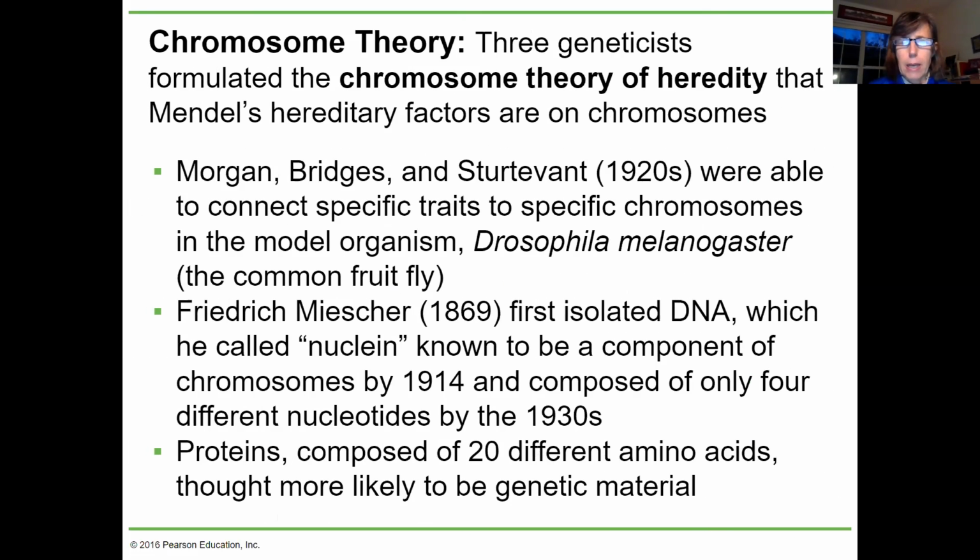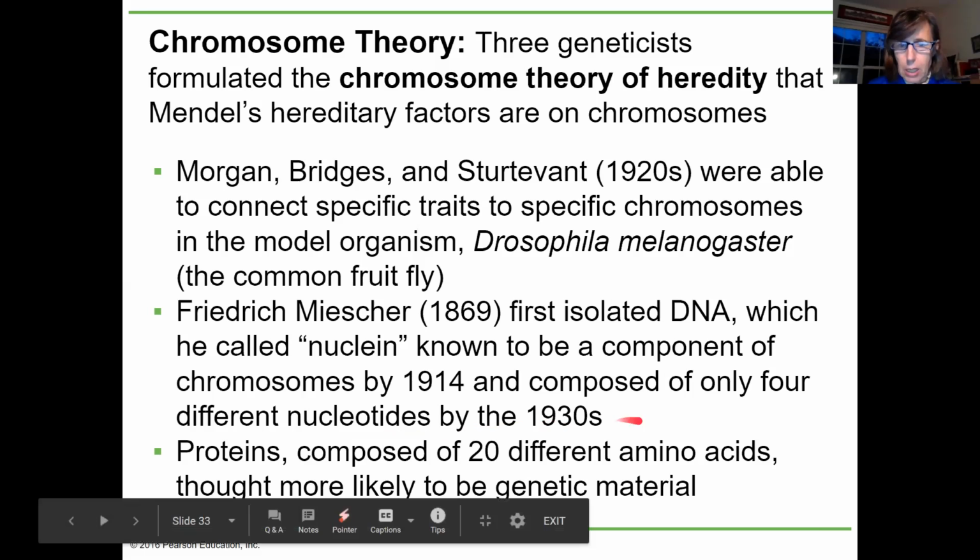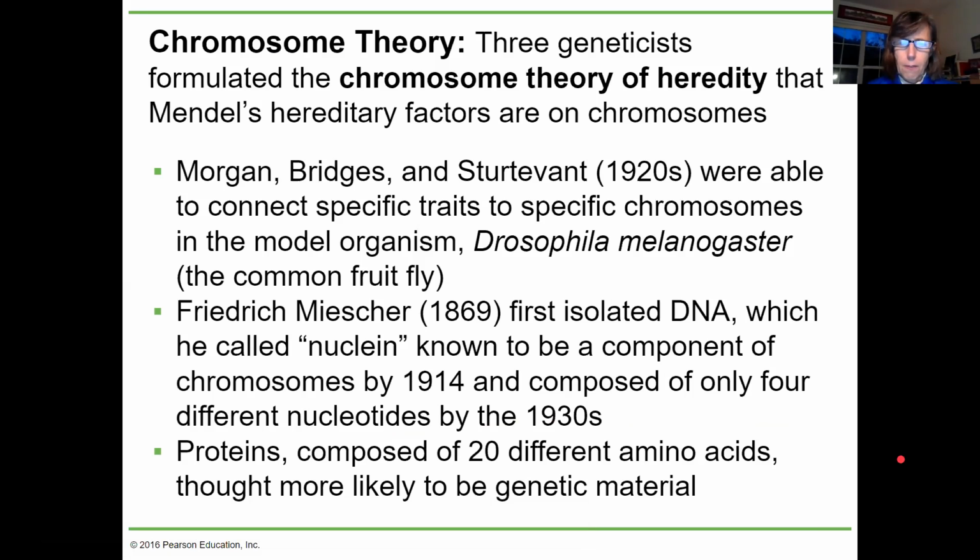So they had to really connect DNA to chromosomes to heritable factors, and then look at the components. What was DNA? What were the chromosomes made of? They were able to establish that there were 4 different nucleotides by the 30s, and then later identify proteins that were separate from this DNA material, and that proteins were composed of amino acids.